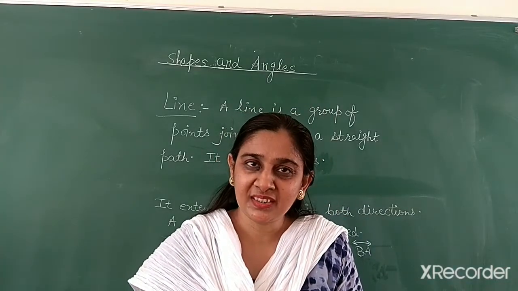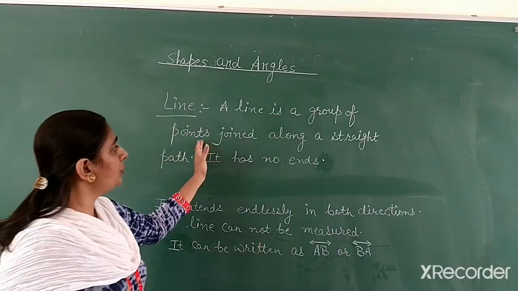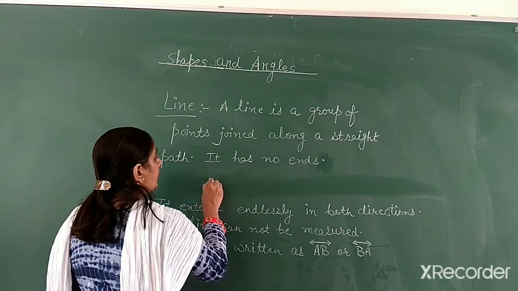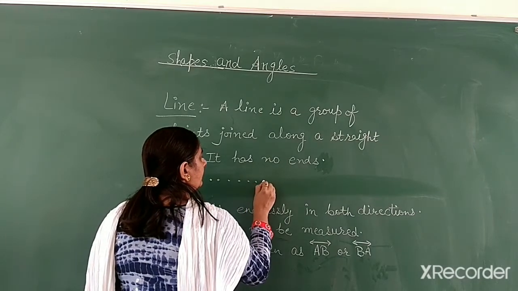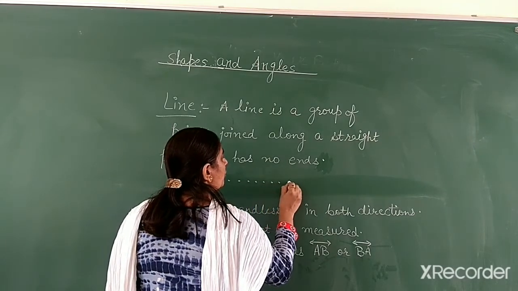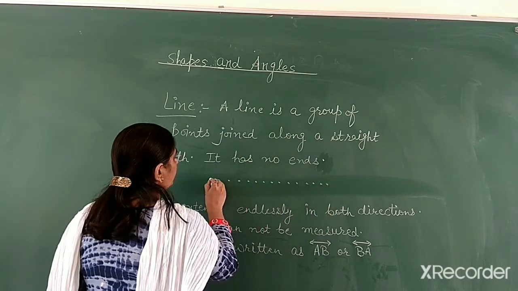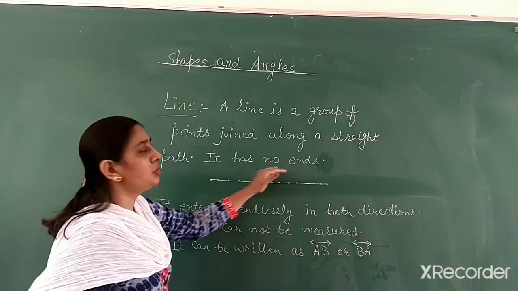Now, children, you are going to learn the concept of a line. What is a line? See, a line is a group of points joined along a straight path. Now, I am taking some points here. Basically, children, these points are very close to each other. So, when you join them, you will get a line. It has no ends.